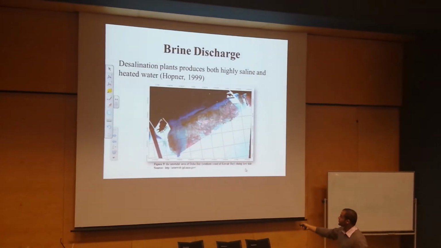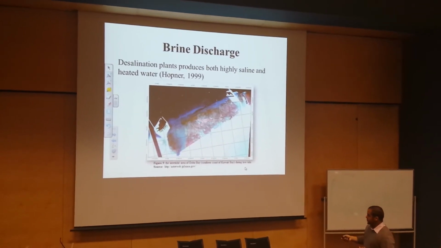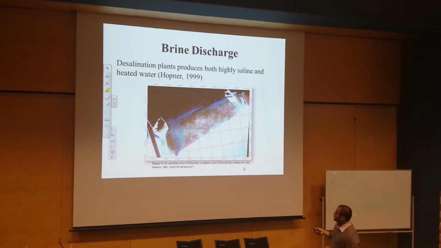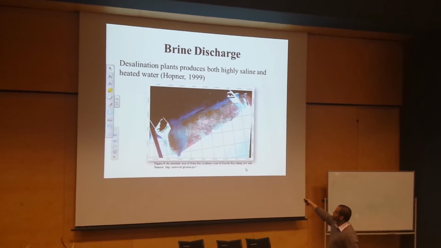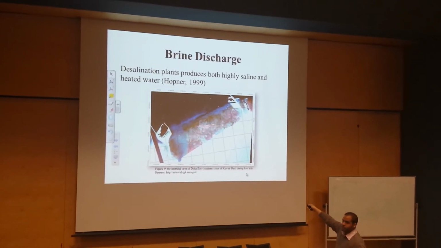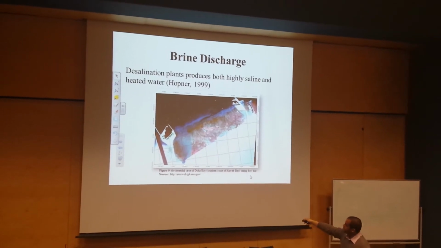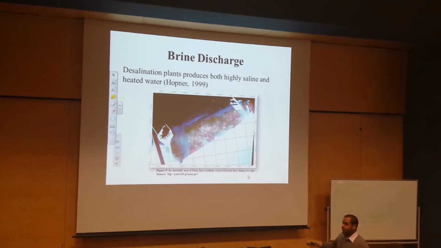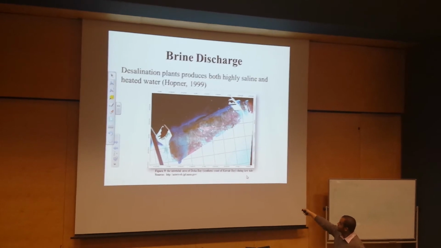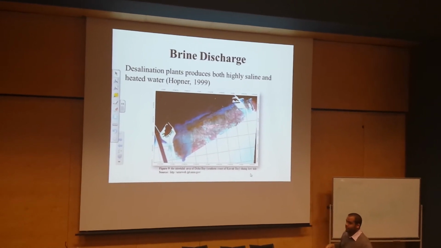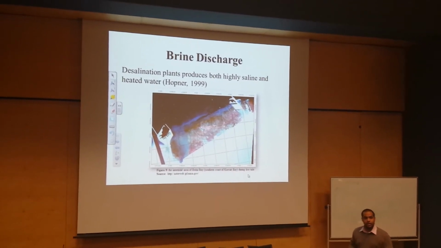As we can see in this picture, this is a satellite image taken in 2002. All of this area is exposed during low tide. This area here is the outlet of the desalination plant, where the brine, the salty water, is. The red color here represents the seaweeds, marine life, marine organisms.